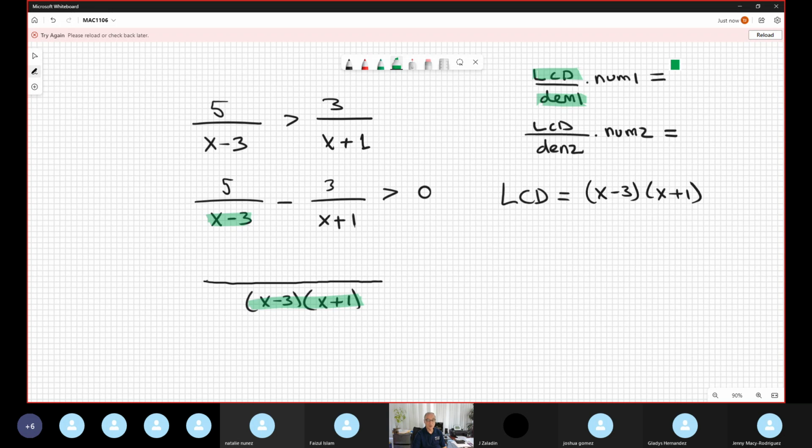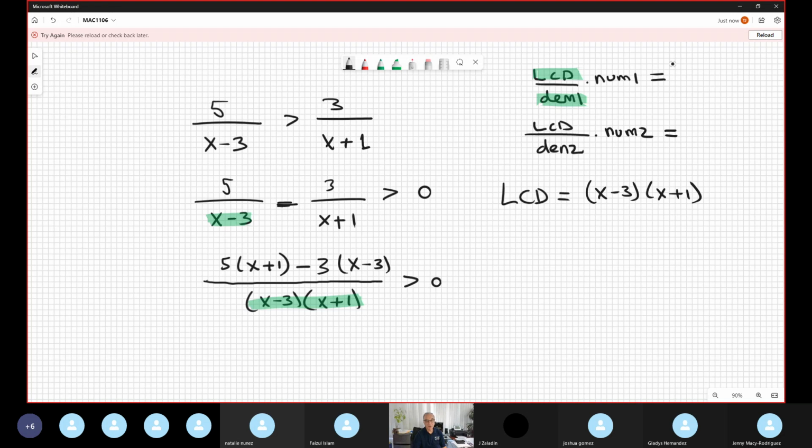When you divide the LCD by denominator 1, es obvio que x minus 3 cancels, no? And x plus 1 stays, times 5. Minus, because it's minus here. 3 times the other factor, which gets x minus 3, no? Yeah, because x plus 1 is cancelled. x minus 3 stays, times negative 3.